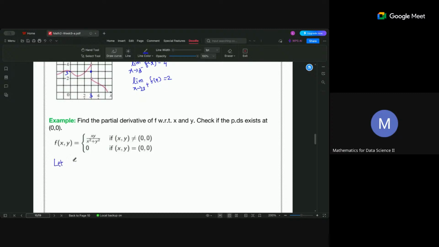So let (x, y) not equal to (0, 0). Now find fx. Everyone calculate dou f by dou x. You use the u by v formula.